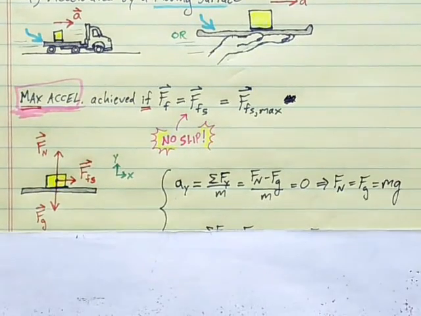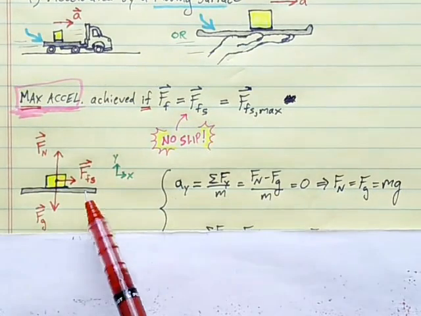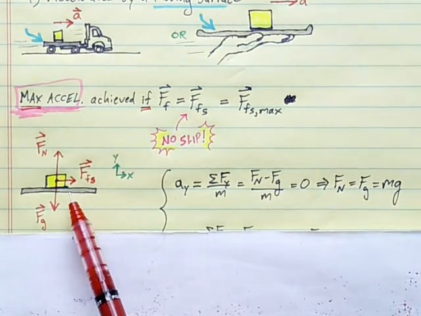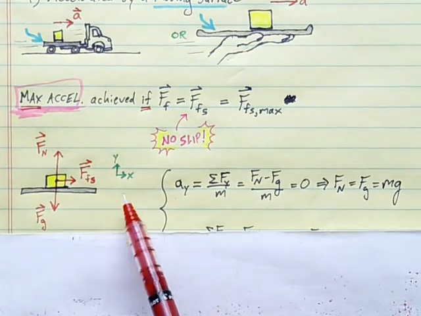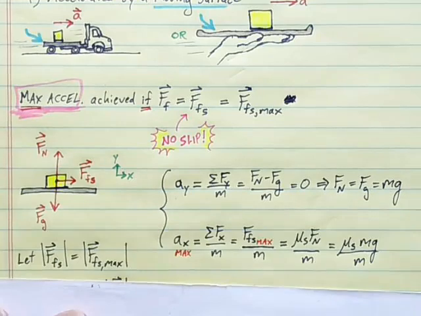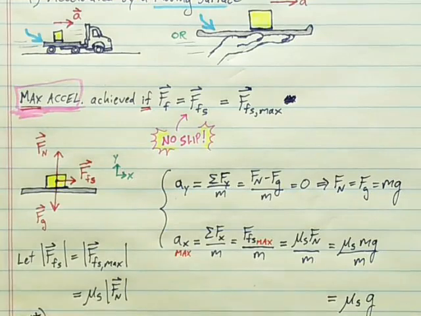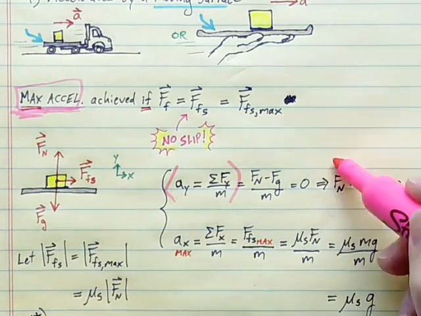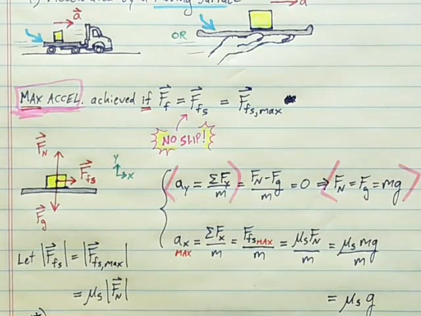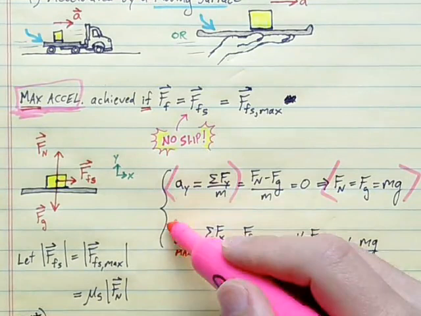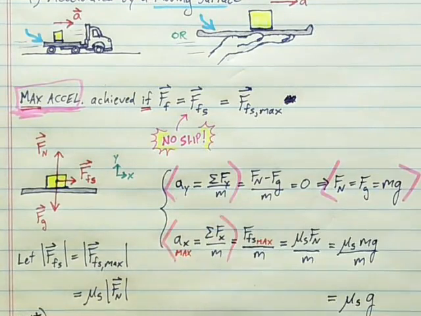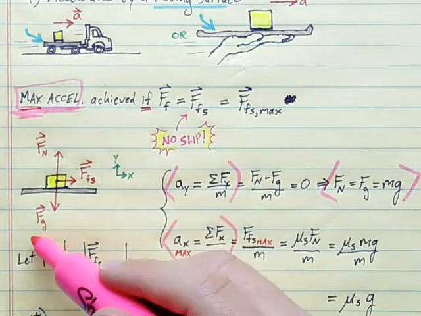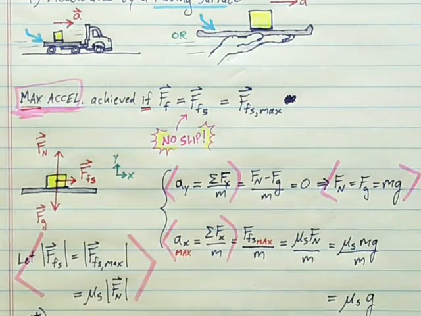Here's our FBD. Step 1, FBD. There's static friction that'll be accelerating the box forward. There's our axes, nothing to break up into components. And so, once again, we state Newton's second law in the y direction, show your balance of forces in the y direction, restate in the x direction, and then off to the side, have this statement where you indicate how we are going to calculate a value for static friction.